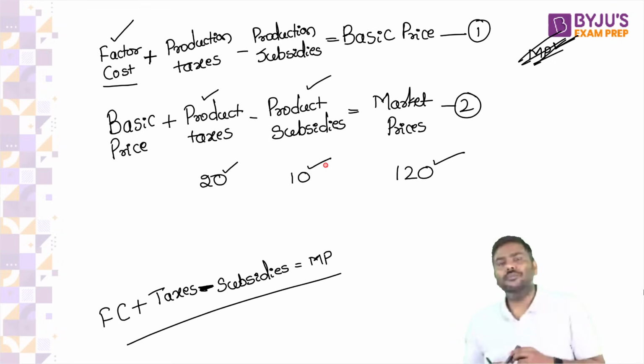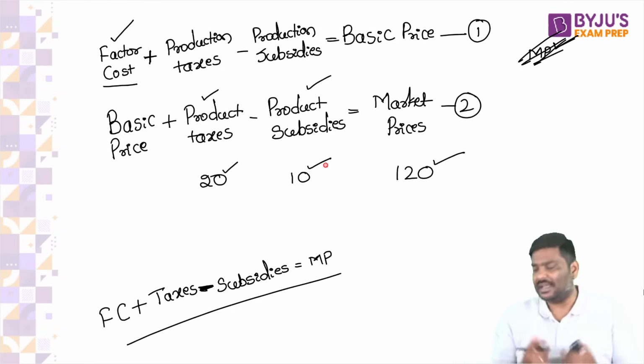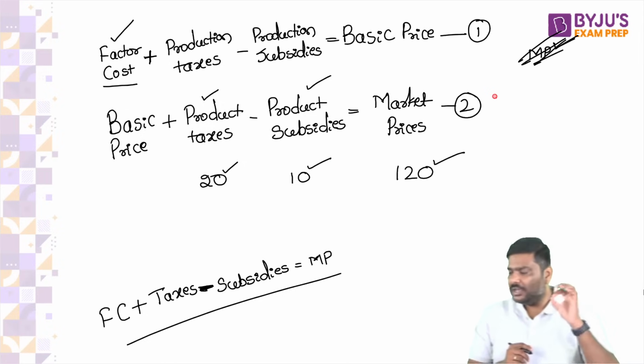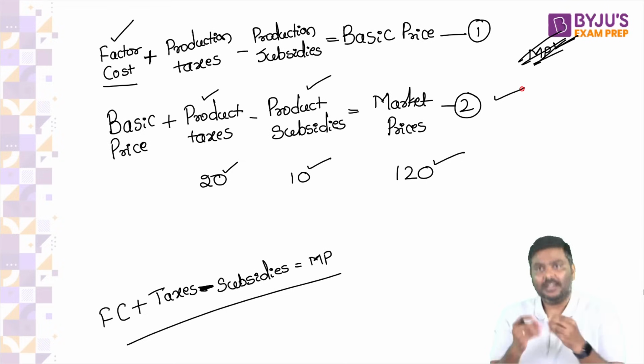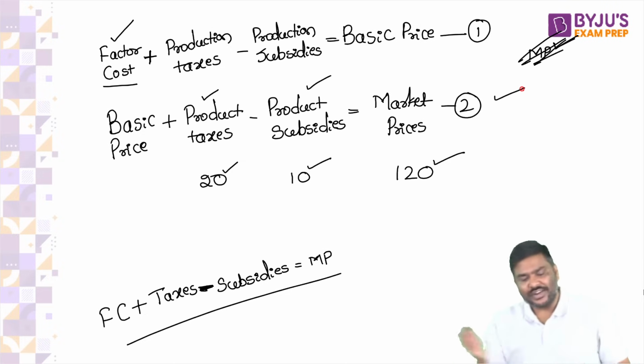Now, what is the basic price? Can you calculate the basic price using the second formula? Take this 20 rupees and 10 rupees and transfer it to the other side.